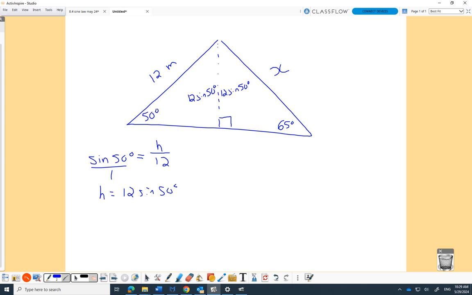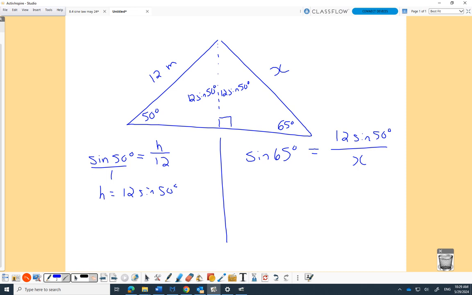And then I go over to this triangle. And I go, okay, in this triangle, sine of 65, and maybe now you're like, oh, that's why it's called sine law. It's all sines. Every time it's opposite and hypotenuse. So I go over here and I go, that's equal to opposite, which is 12 sine 50, over hypotenuse, which is the x that I'm after in the question.